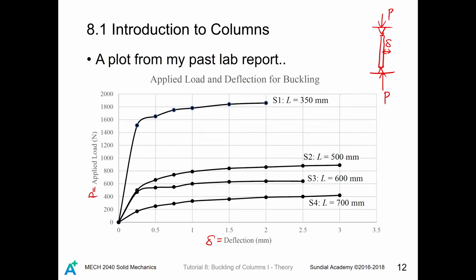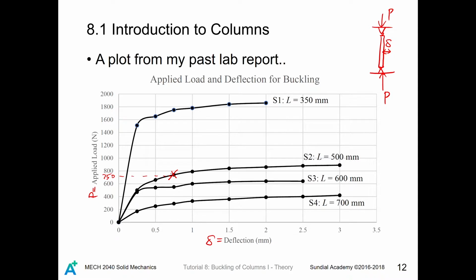Okay, so as you can see, the deflection of a column in the midsection increases rapidly as applied load reaches some certain point. For example, from this point, this is about 700 something, around 750 Newton, right?